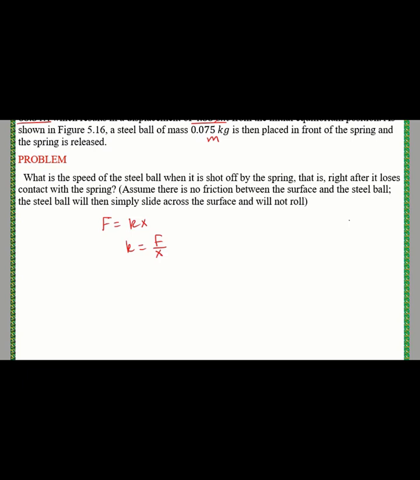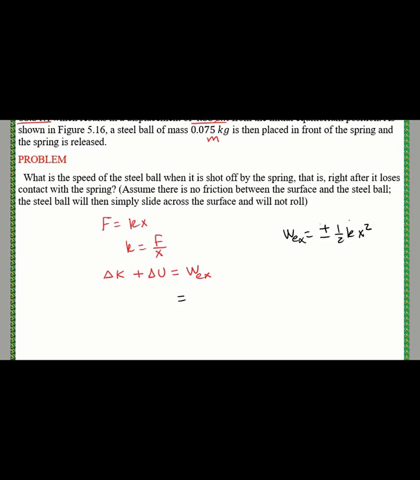Now, using the conservation of energy, the change in the kinetic energy of the ball plus the change in the potential energy of the ball is equal to the external work. The only thing that does work on the spring and the ball is the spring. The work of the spring is plus or minus 1/2 k x squared.